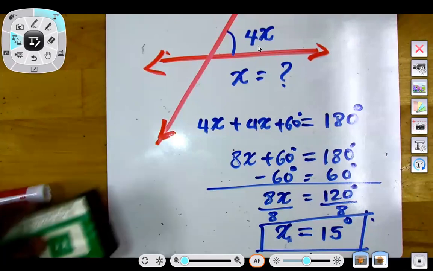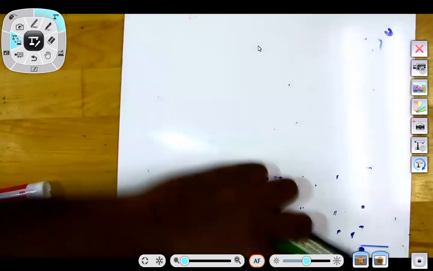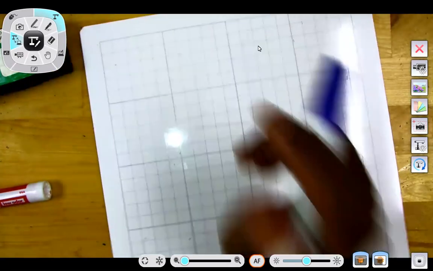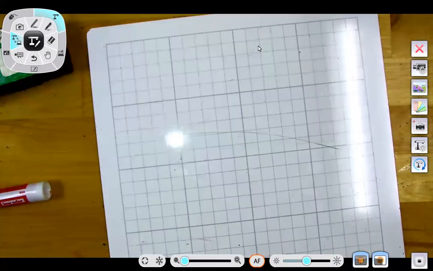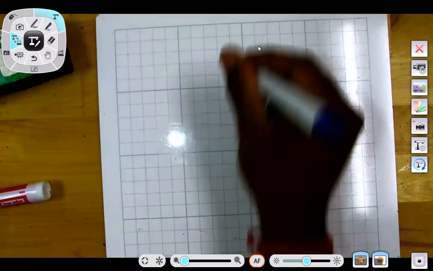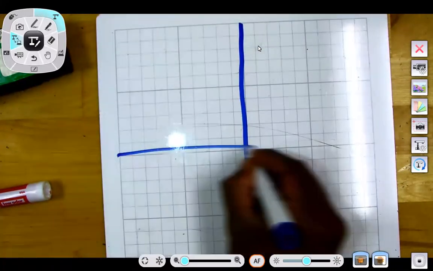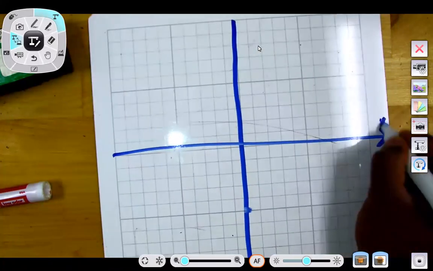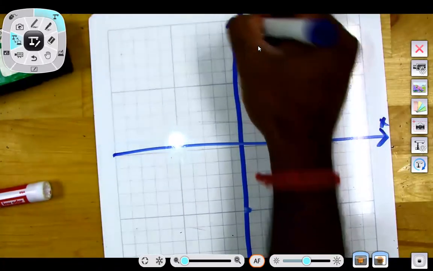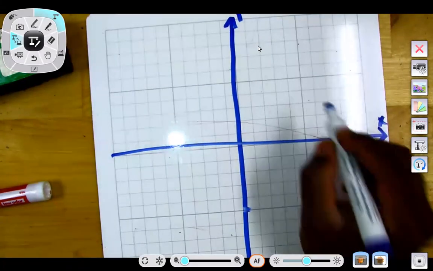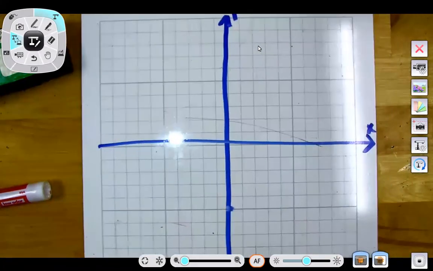Now, we have to go through rigid motion. Rigid motion, you know, there are many ways to do it. This is the x-axis, this is the y-axis. One thing, you know the point, which is a coordinate that we learned.